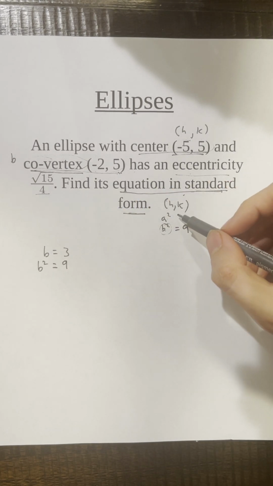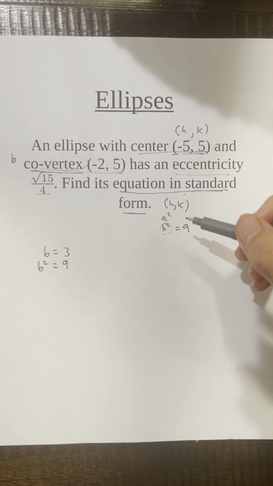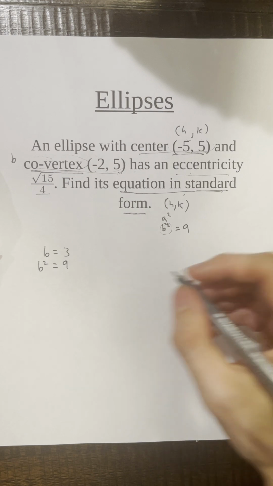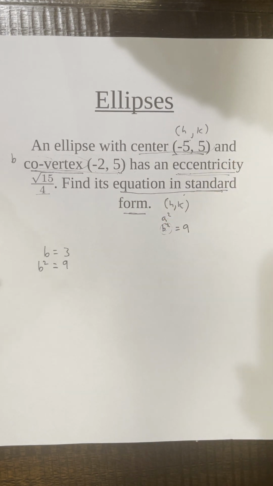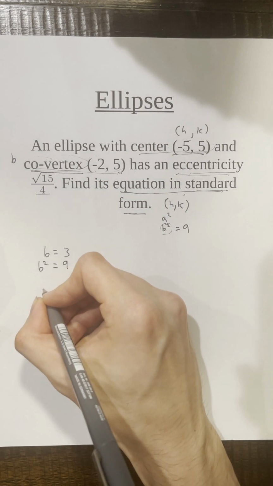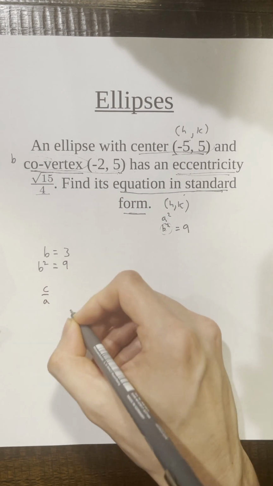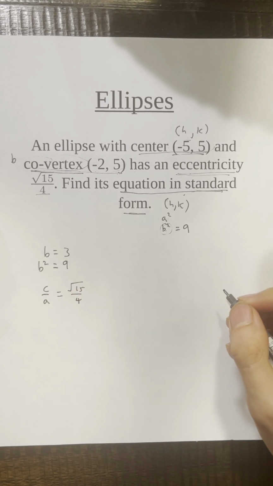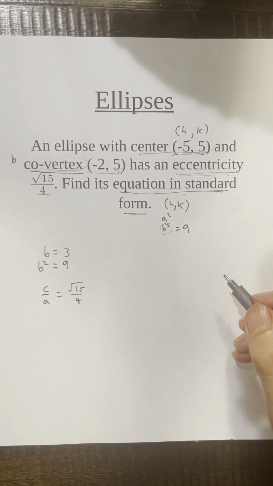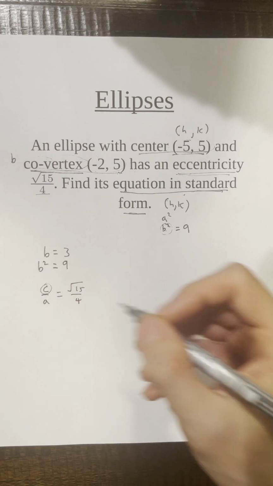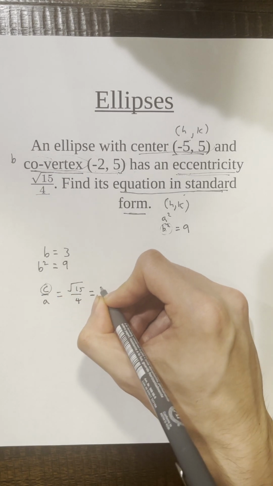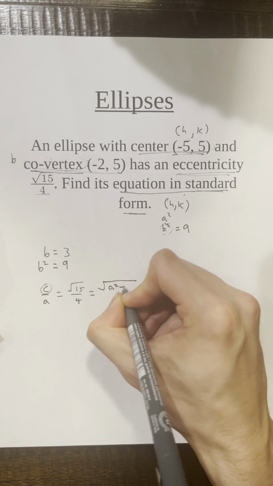Okay, so all that we have left to find out is a squared. Let's see if we can make use of the eccentricity. So what's the formula for eccentricity again? The formula for eccentricity is c over a, and that's equal to √15/4. Okay. What's the formula for c? The formula for c is the square root of a squared minus b squared.